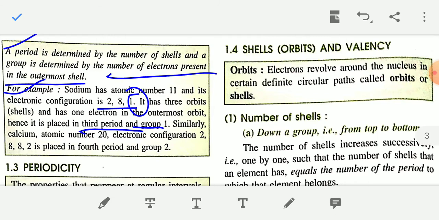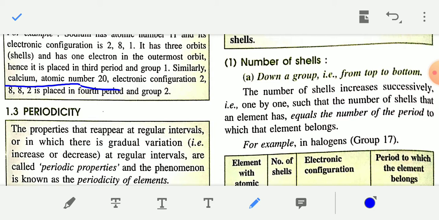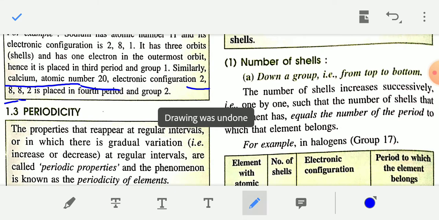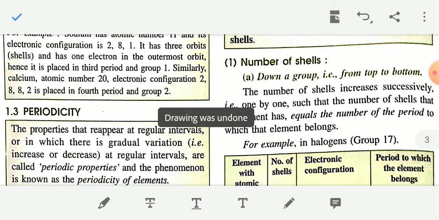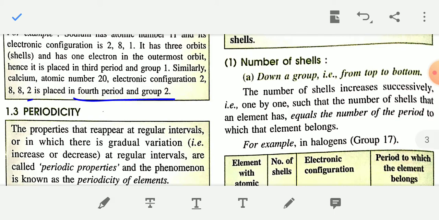Similarly, calcium has atomic number 20, so 20 electrons, and its electronic configuration is: K cell 2 electrons, L cell 8 electrons, M cell 8 electrons, and N cell 2 electrons, that is 2, 8, 8, 2. There are a total of four cells, so calcium is a fourth period element, and as 2 electrons are present in the outermost cell, the group number is 2. So calcium is a fourth period and second group element.